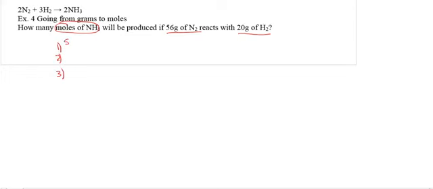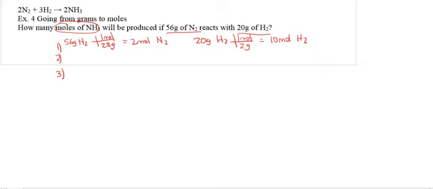So take your 56 grams of N2 to your T-chart, which is 28 grams per 1 mole. That gives me 2 moles of nitrogen. Do the same thing with 20 grams of hydrogen. Molar mass is 2 grams per mole. So 20 divided by 2 gives you 10 moles of H2.